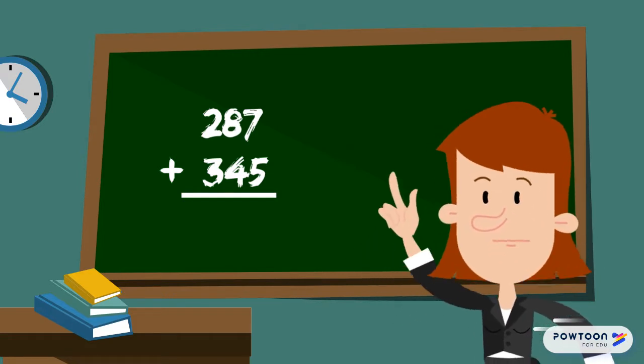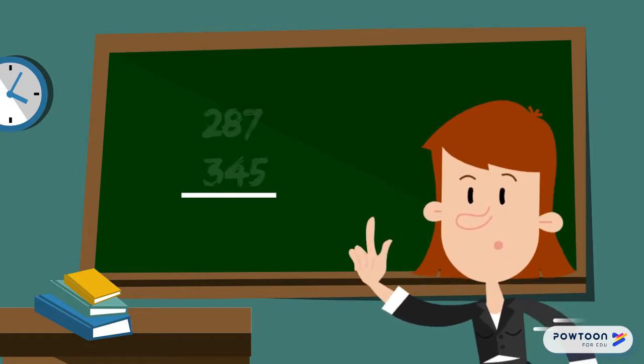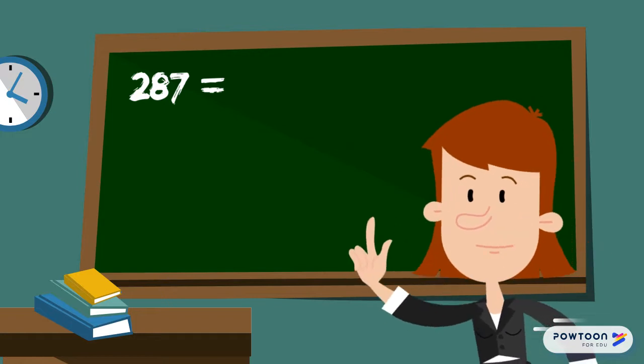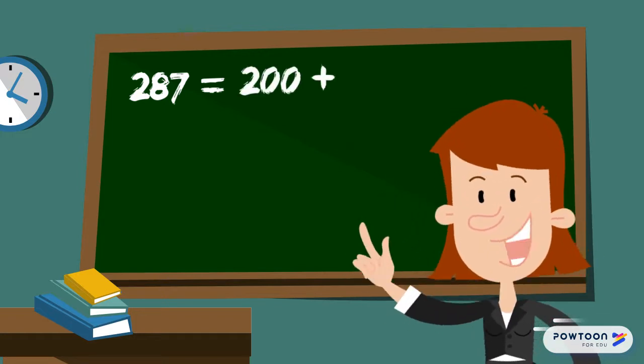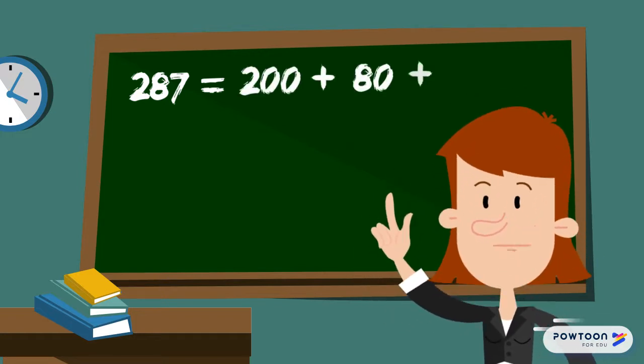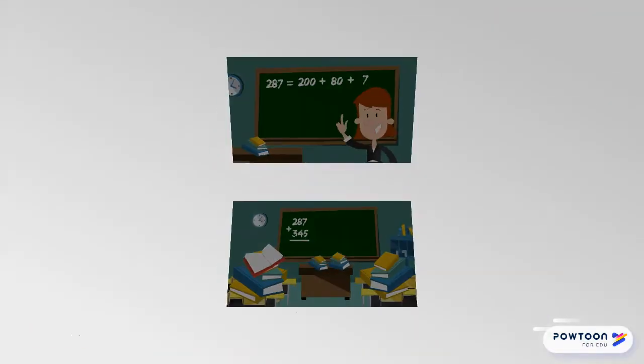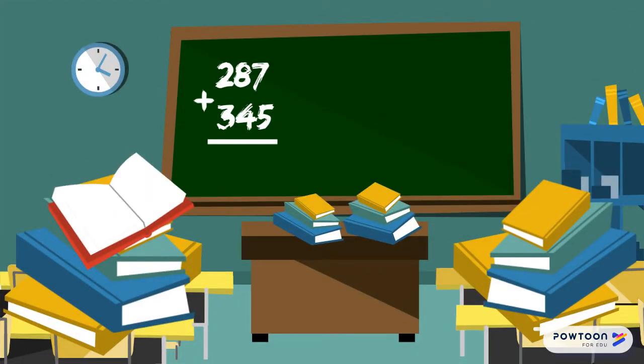I want you to think about the expanded form of numbers. For example, 287 in expanded form is 200 plus 80 plus 7. And that's how we use the numbers in the break-apart method. We just break each of the numbers into the expanded form.